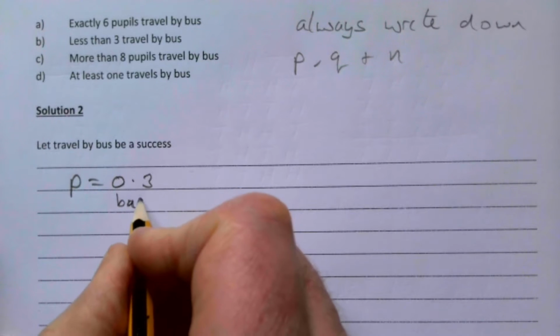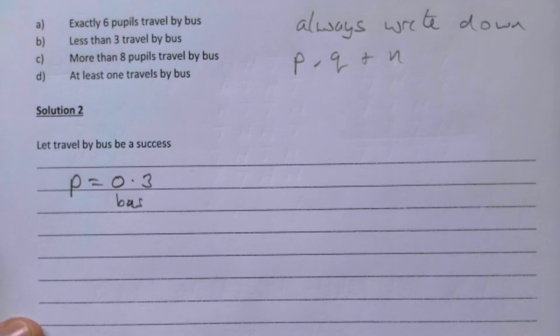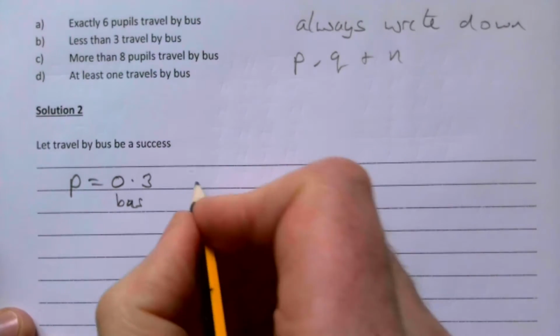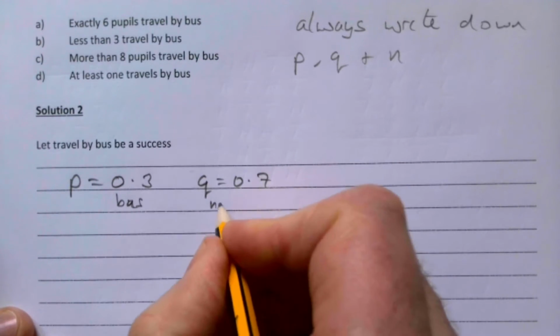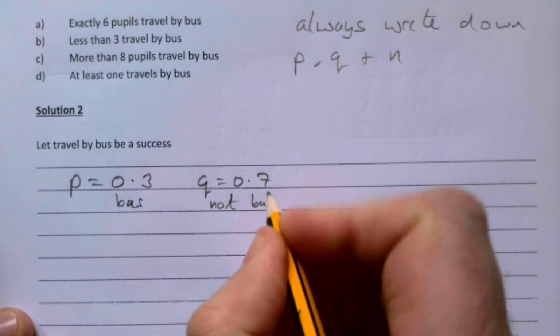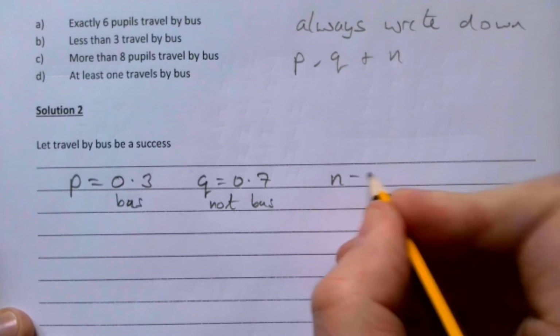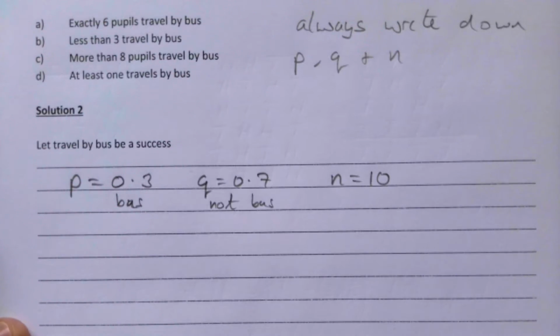And I've written there just bus below, I've spelled it wrong. That means Q, of course, is going to be 0.7, which is not bus, and N in this case is going to be 10.